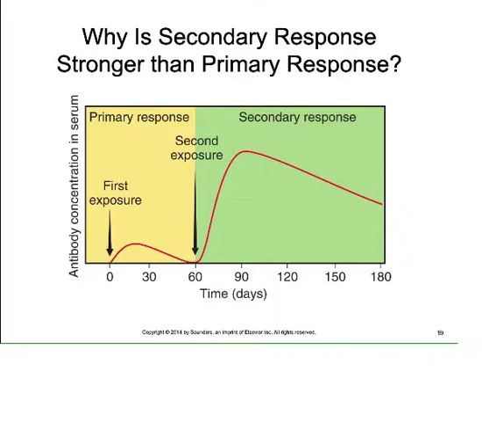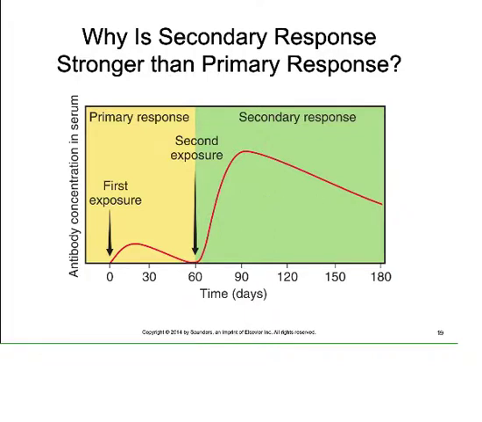Okay. In both of these exposures, we have the IgM class coming up first and the IgG class coming up second during the exposure. The same thing happens in the secondary response, but it happens more rapidly. Okay, and the result then is that we more effectively knock out the pathogen.